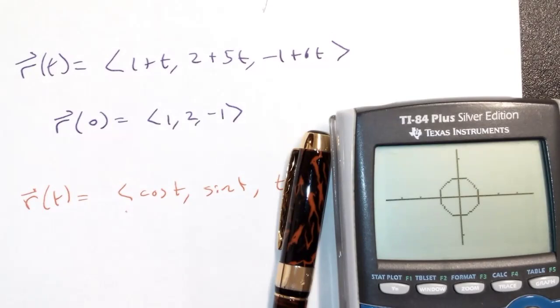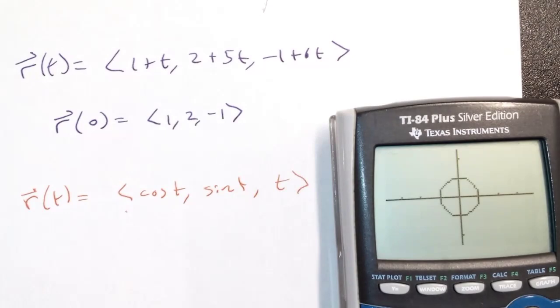But wait, there's more. What does that t tell me? Wait a minute. If I put in t equals 0, I'm at the point 1, 0. And as t gets bigger, I go around this circle counterclockwise, right? So here I go again. I start out here and I draw the circle counterclockwise.